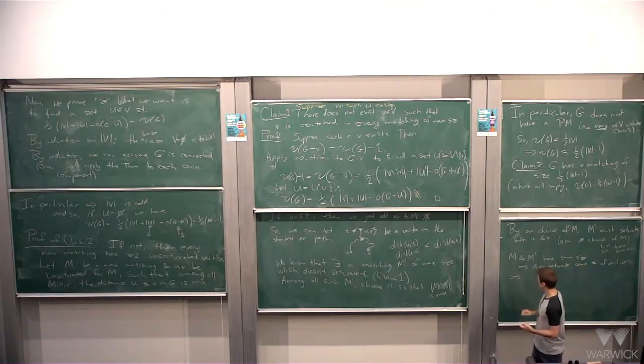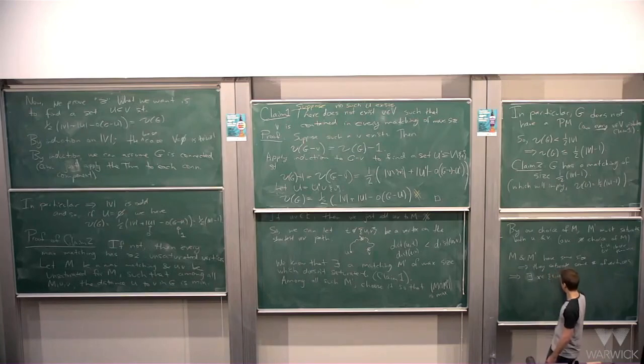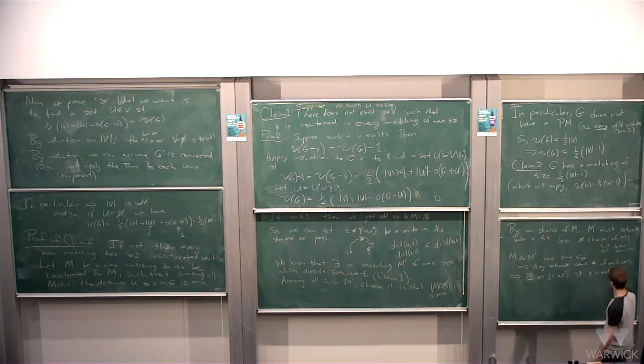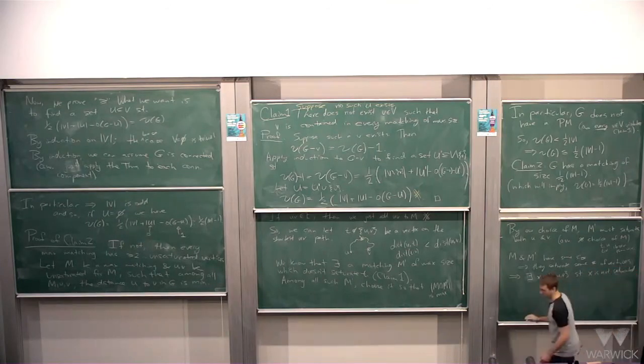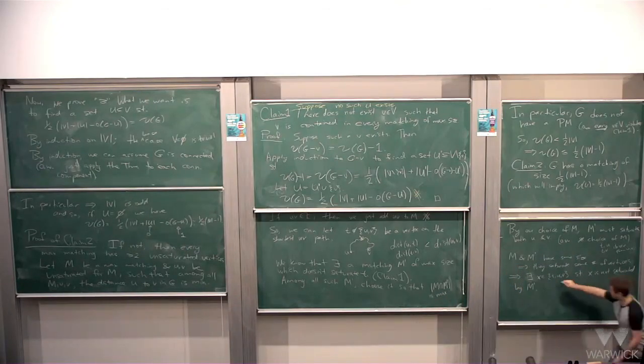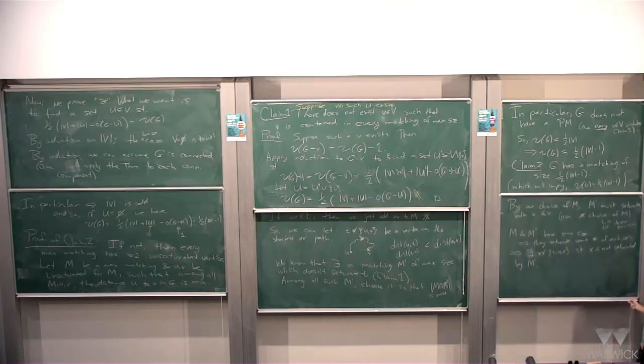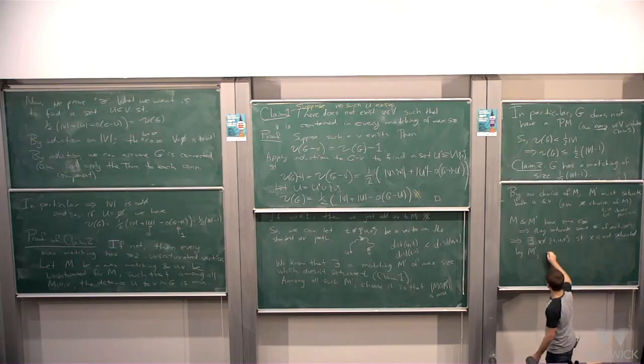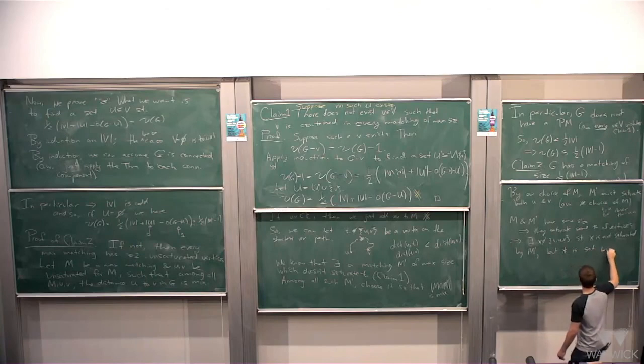So if you think about it, that means that there exists some vertex X, which is not T, not U, and not V, such that X is not saturated by M prime, but it is saturated by M.